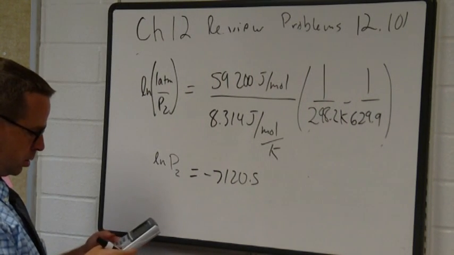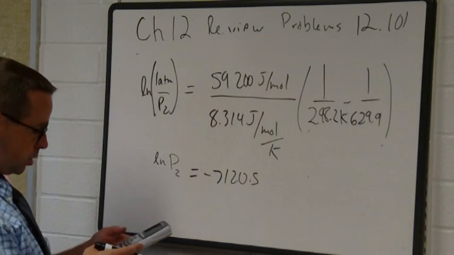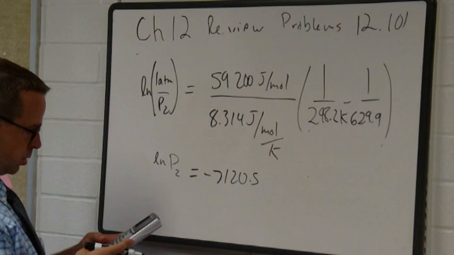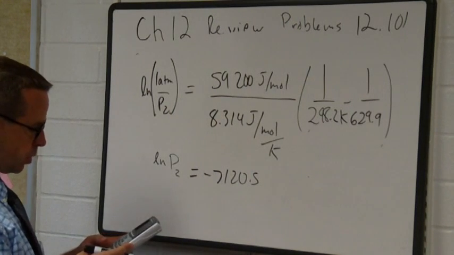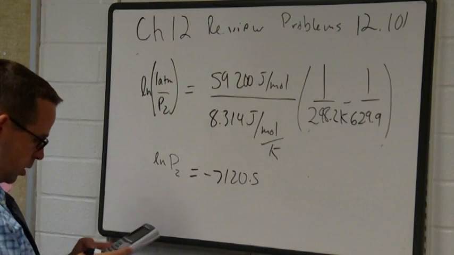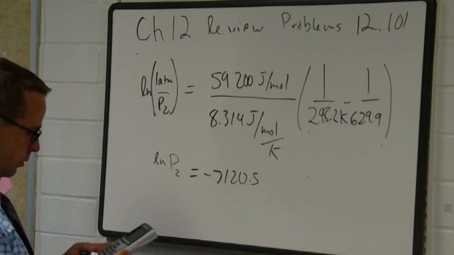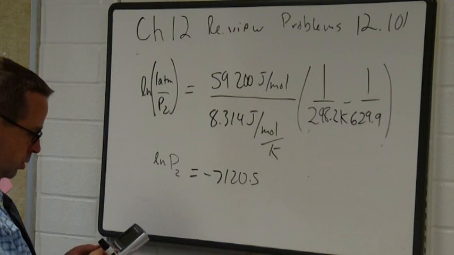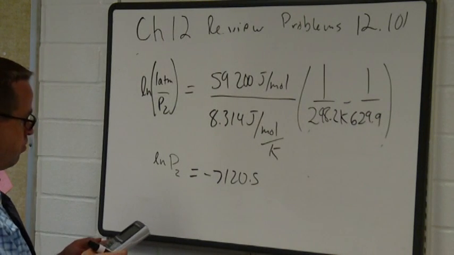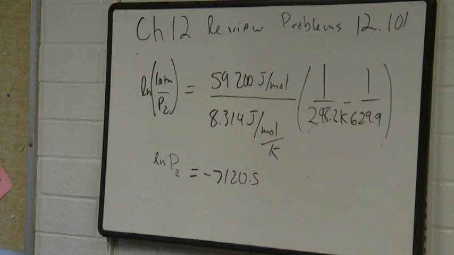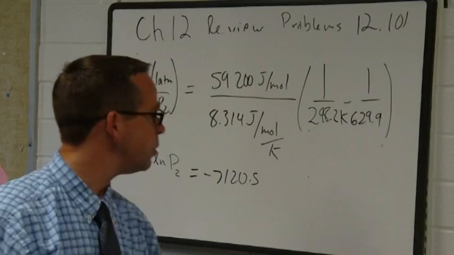E to the natural log of 7,120.5. Try it again. Did I get that wrong? Oh, maybe I made a mistake here.